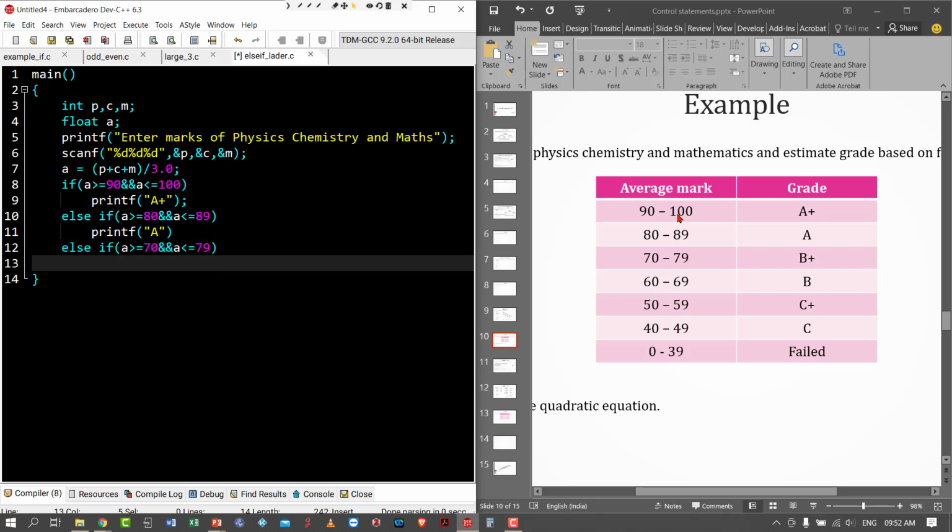What will be the next line? printf b plus.